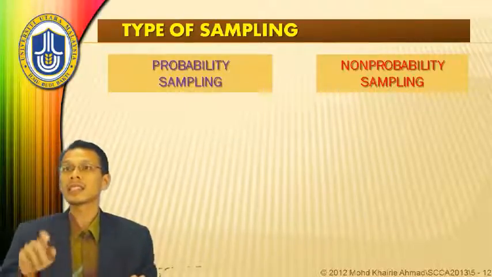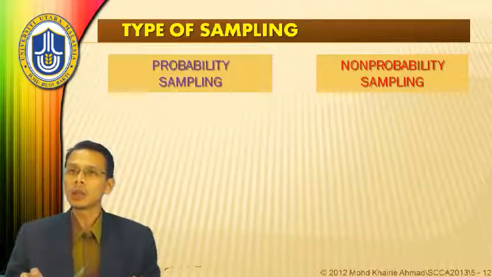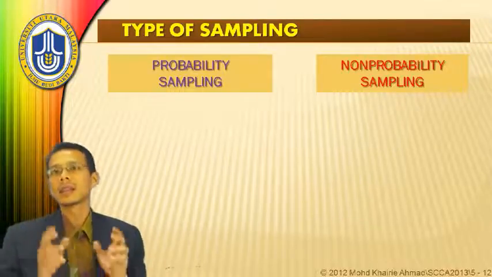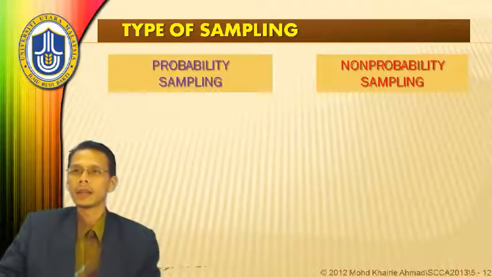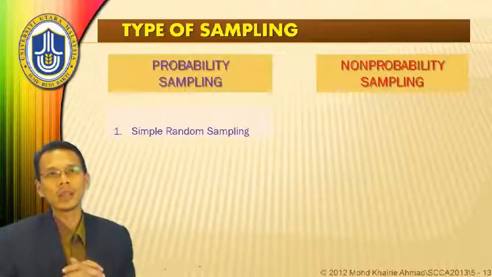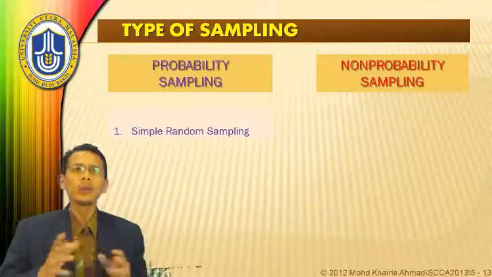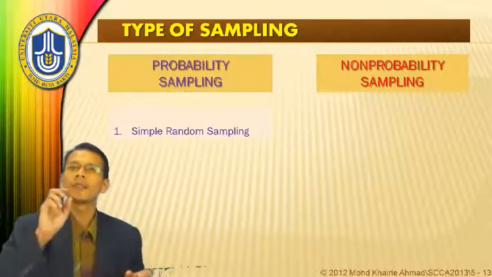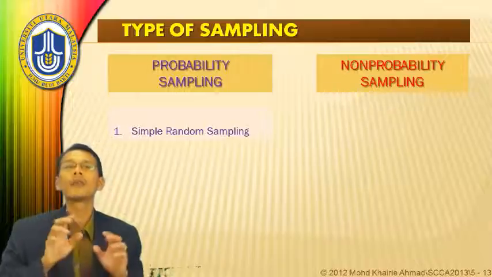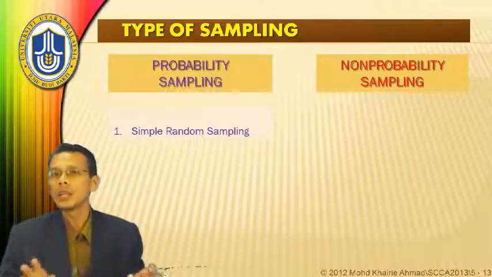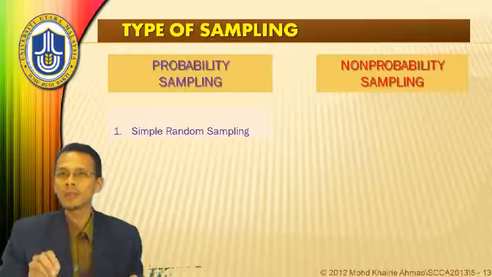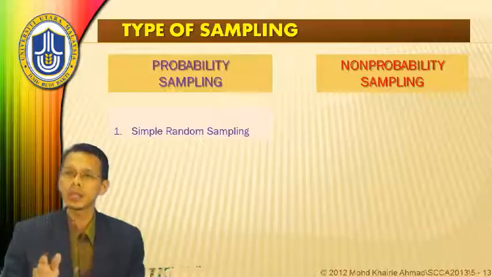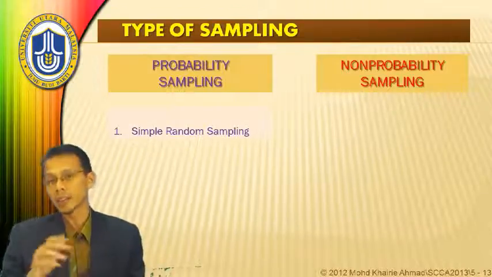So let's explore in more detail the types of probability sampling. The first one is simple random sampling. Simple random sampling means that we have a random process. We just choose whoever from the population to be our sample without any procedure, rules, or criteria.